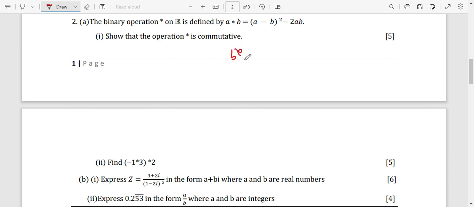So for b star a, we found at the end that a squared plus b squared minus 4ba. And for the first one, which is a star b, we found a squared plus b squared minus 4ab. So you can see these two are the same. So you say since a star b is equal to b star a, then the operation is commutative.